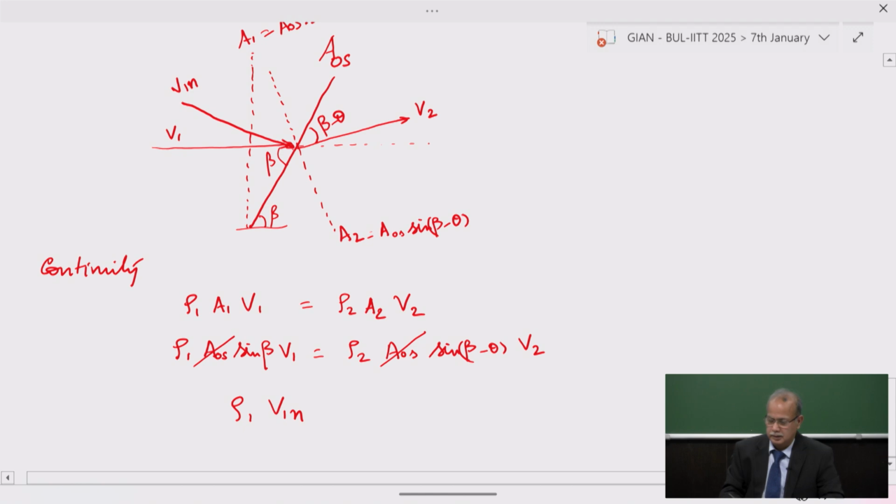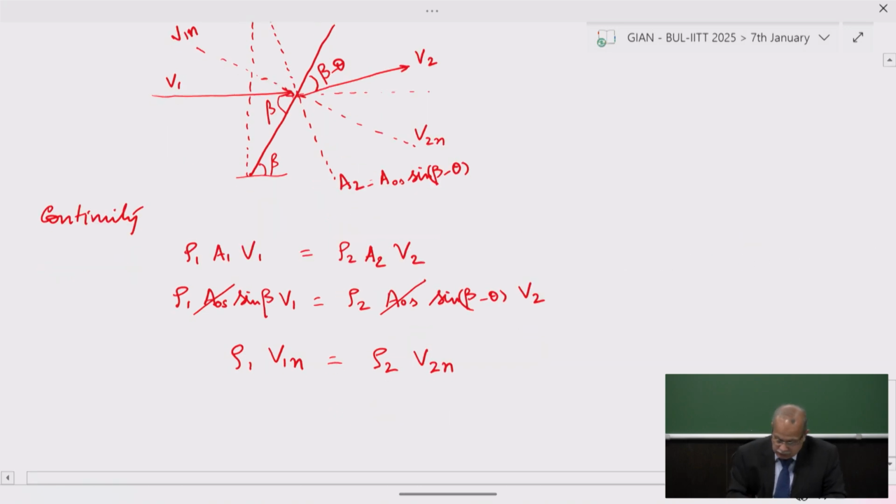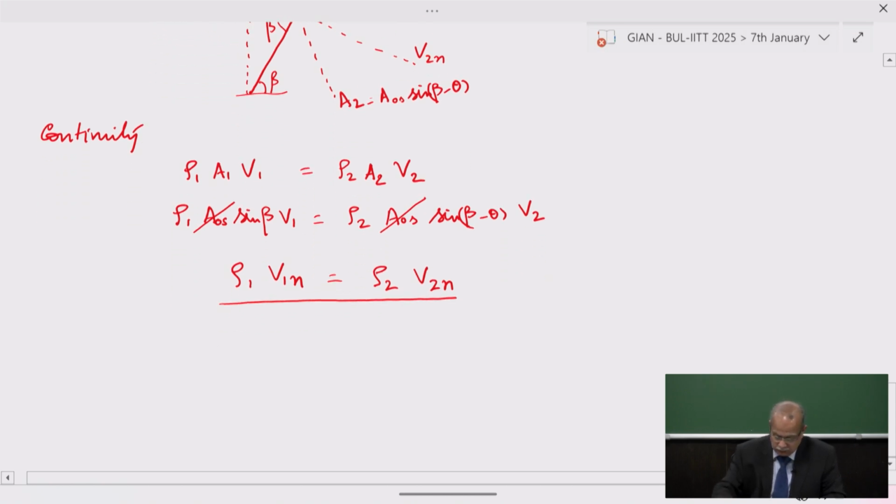Is it clear? Similarly, I can write rho 2 into V2n, which is the normal component of V2. So the continuity equation reduces to the form rho 1 V1n is equal to rho 2 V2n.